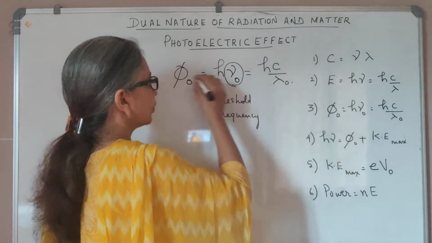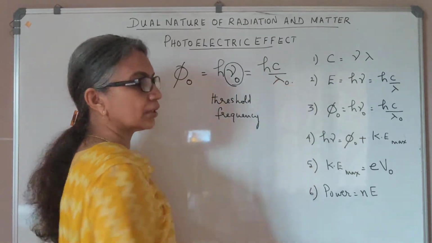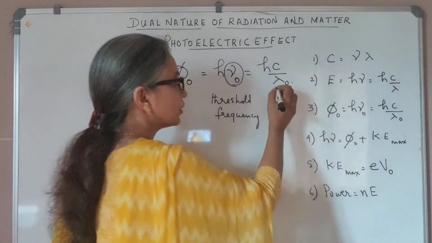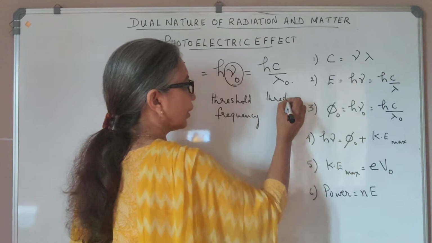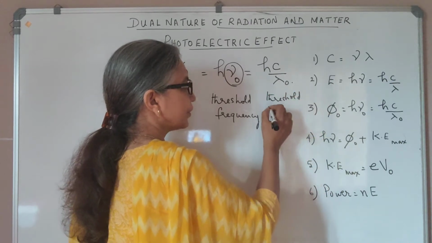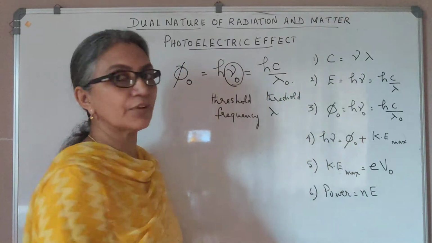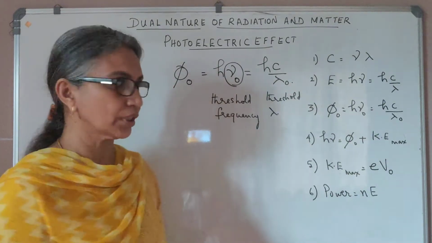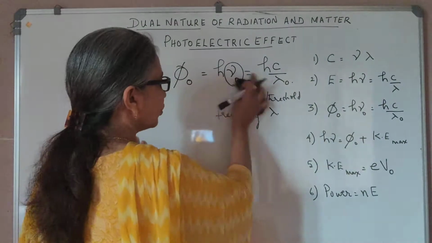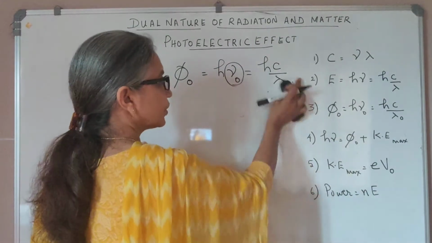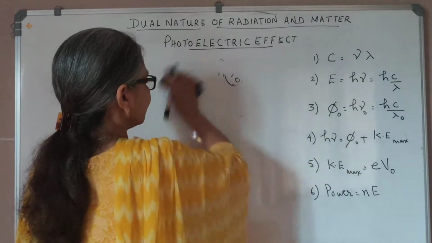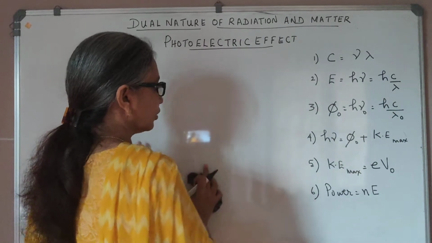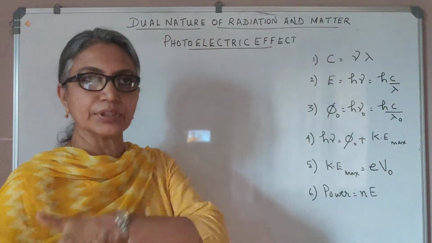Because the energy and the wavelength are inversely proportional, this is called the threshold wavelength, which happens to be the maximum wavelength of the incident radiation that can produce photoelectric effect. So you need to know the definitions for work function, threshold frequency and threshold wavelength, and of course this phenomenon called photoelectric effect.